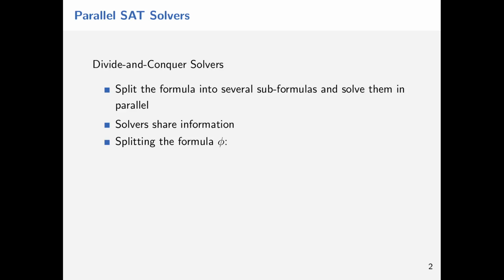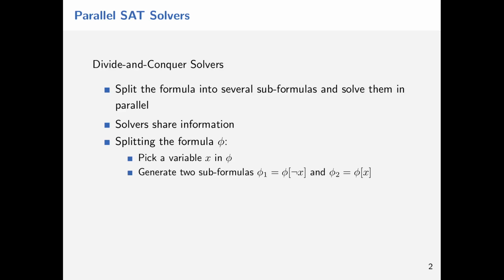The process of splitting the formula is as follows. The solver picks a variable x within the formula phi and generates two subformulas phi1 and phi2 by setting x to false in one of the subformulas and setting x to true in the other one. It could repeat the same process for phi1 and phi2.